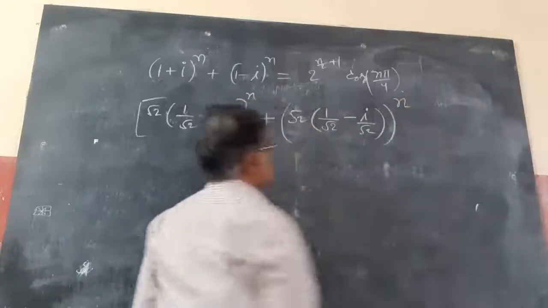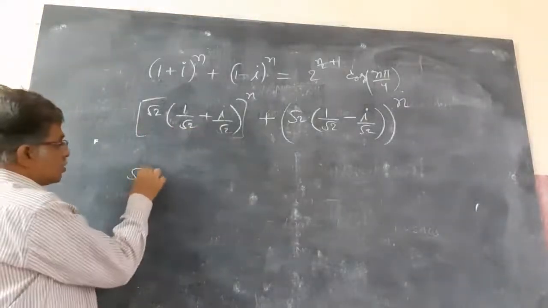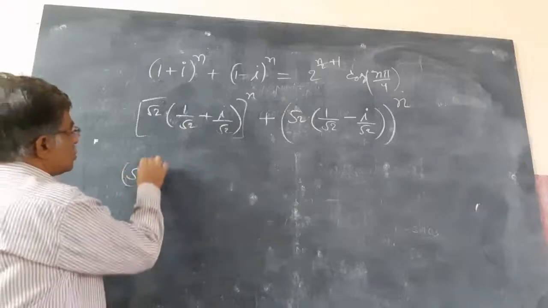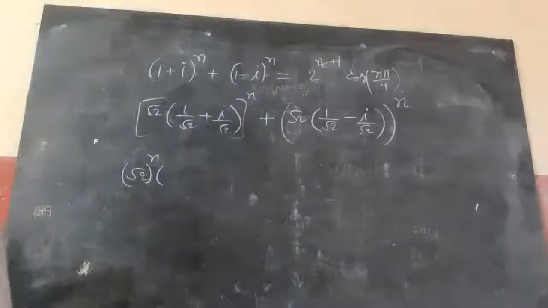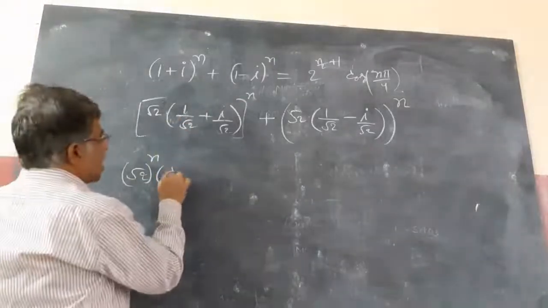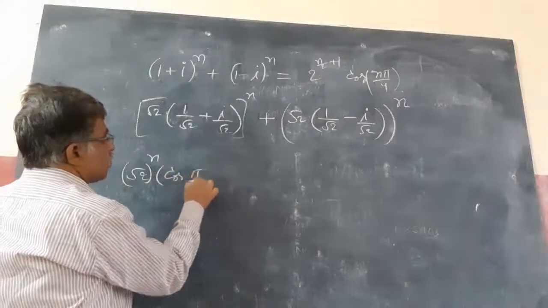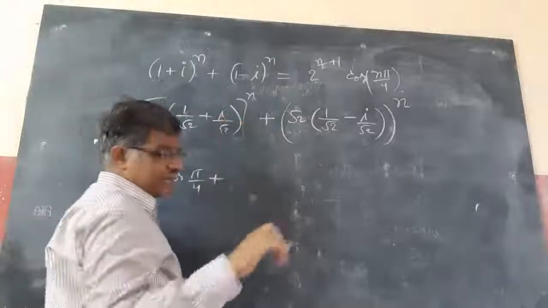Now this is what we got, r into cos theta plus i sin theta. This is equal to, root 2 power n, this power n I can write separately. So root 2 power n into 1 by root 2, now I can write it as cos 45, pi by 4, plus this is 1 by root 2, I can write as sin 45 also.